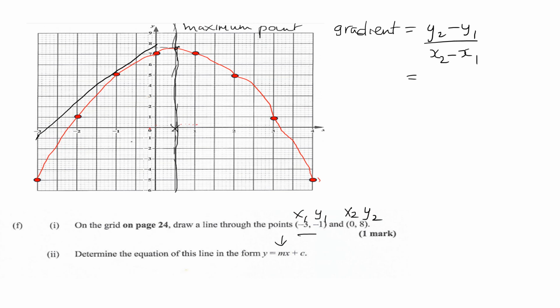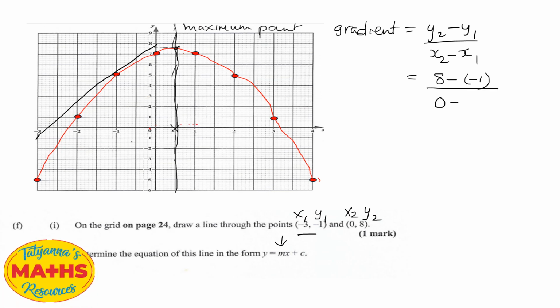I'm going to substitute the values. 8 subtract negative 1 over 0 minus negative 3. So we know the two negative signs, we're going to get 8 plus 1 over 0 plus 3, which is 8 over 3.